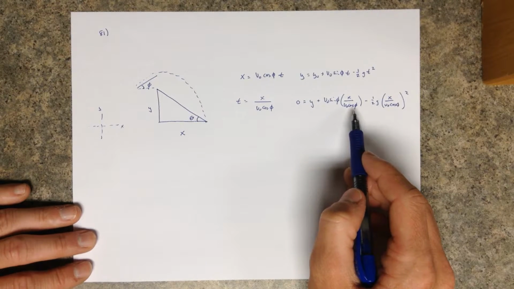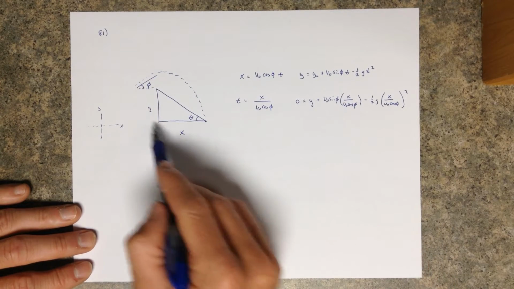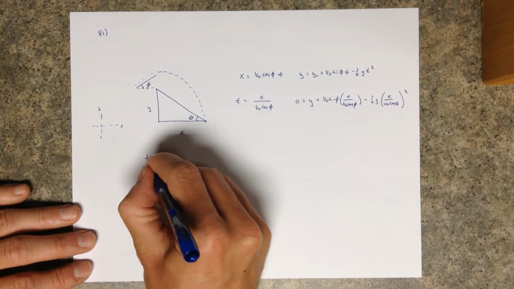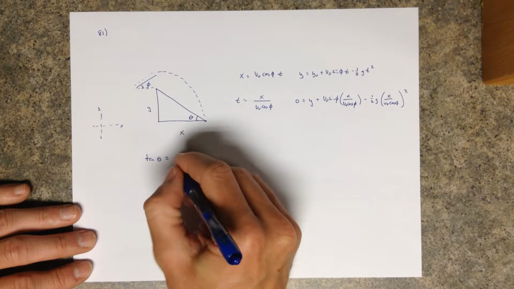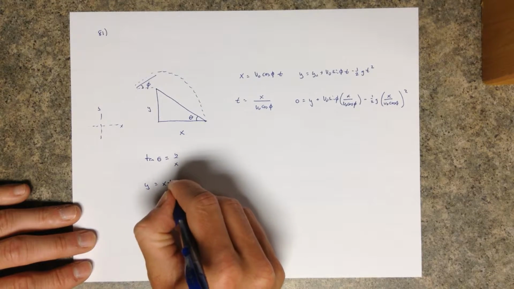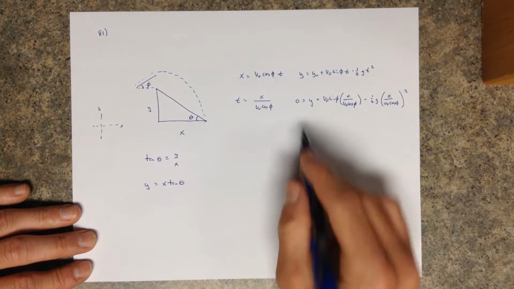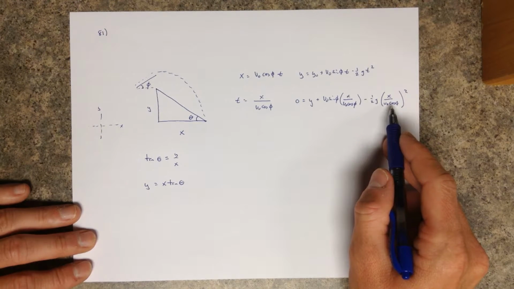Okay? So really what you want to be able to do here is this y value, come down here and say, well, tangent of theta, again, this is where theta comes in, is y over x. So that must mean that y equals x tan theta. So now you can plug that in here, and at this point you have everything. Okay?